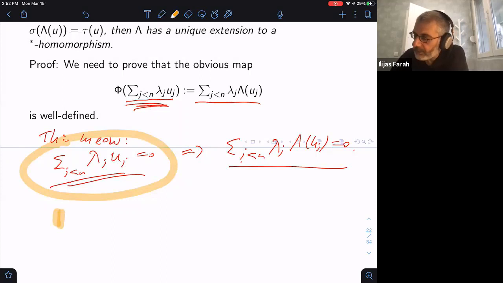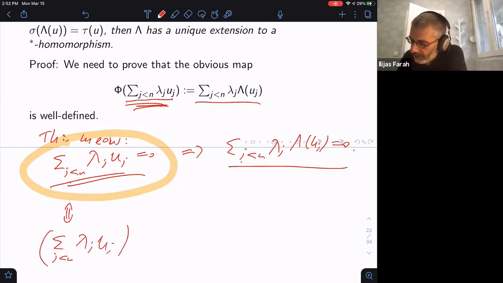This is equivalent, oops, it's not a good idea to use a highlighter for this. So this is equivalent to saying, because these are operators, that if I take the sum of lambda_j u_j, star, times the sum over j less than n of lambda_j u_j, that this is equal to 0.